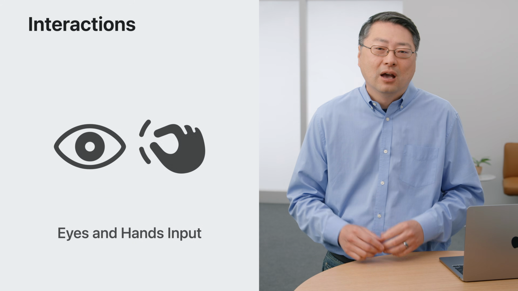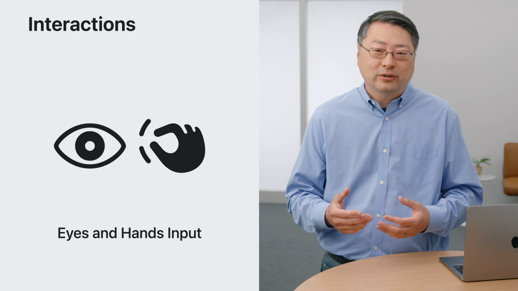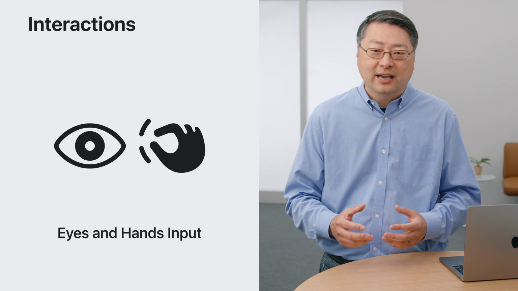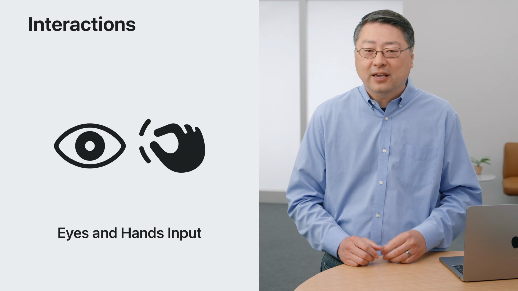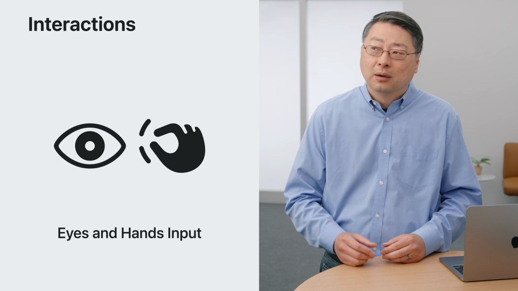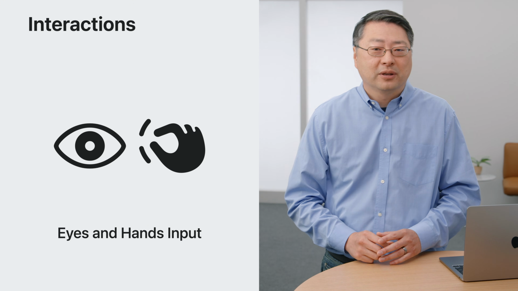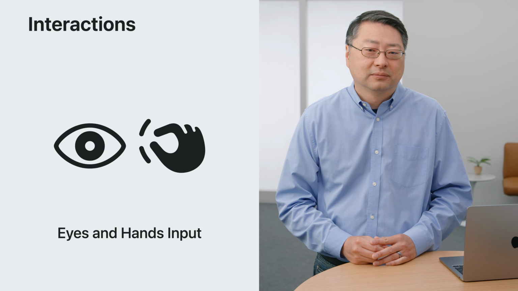Now that we introduced the foundational elements of spatial computing, let's explore the ways we can interact with windows, volumes, and spaces. On this platform, we can interact with apps by simply using our eyes and our hands. People can, for example, interact with a button by looking at it and tapping the fingers together to select.